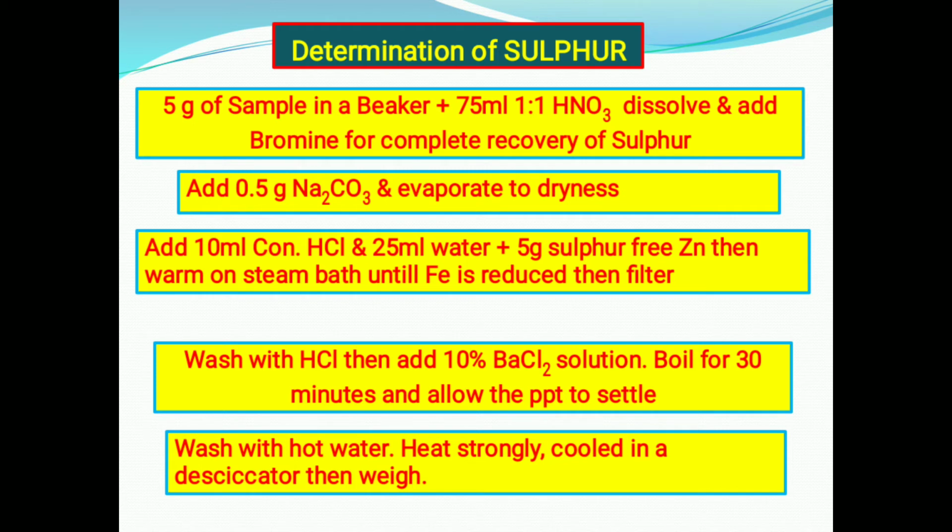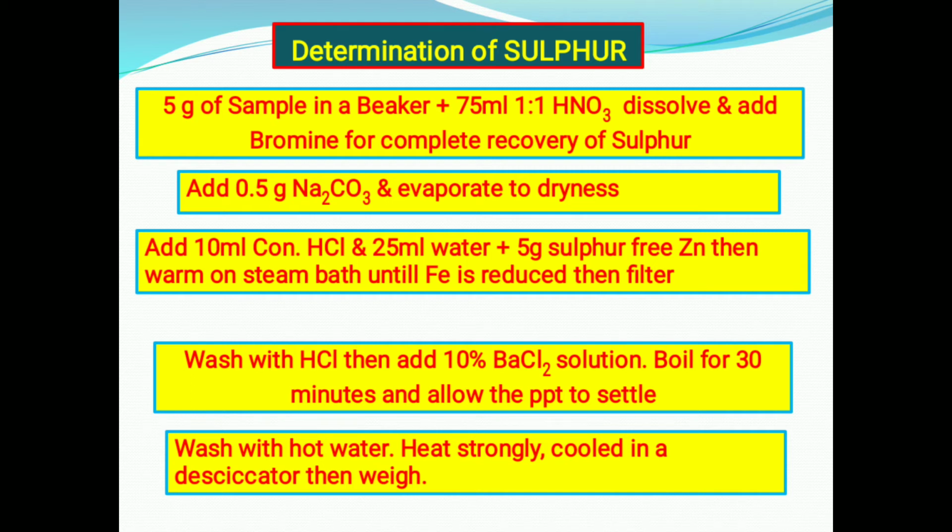After that, add bromine for complete recovery of sulfur. Generally HNO3 will oxidize it, but if any sulfur is there in unoxidized form, then bromine, also a powerful oxidizing agent, can recover the sulfur from that sample, so that the entire sulfur will be converted into sulfate.